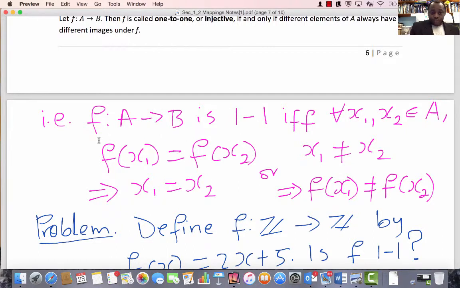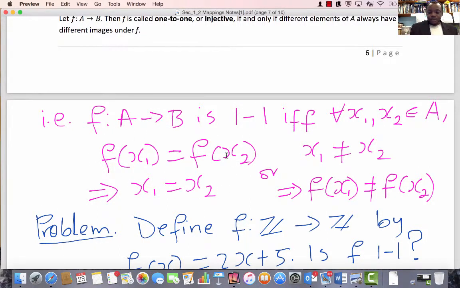This is the core. This is what you verify when you're proving that f is one-to-one. Or in the contrapositive, you can prove that whenever x1 is different from x2, f of x1 has to be different from f of x2. But this would be the favorite right here.